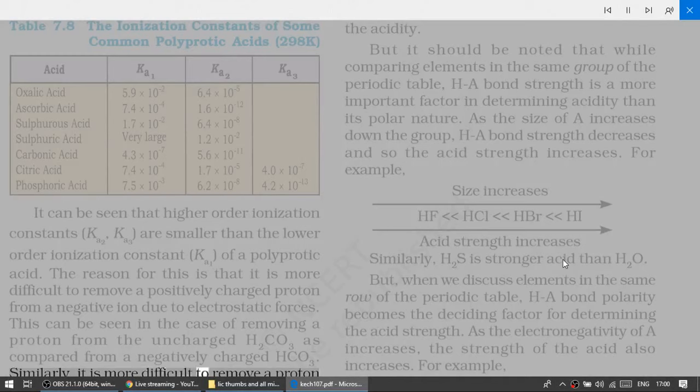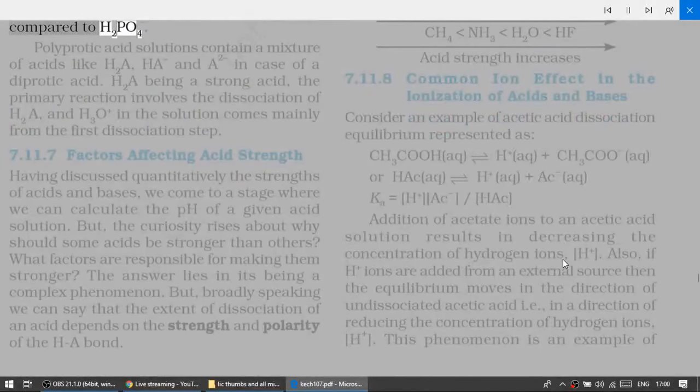Similarly, it is more difficult to remove a proton from a doubly charged HPO4²⁻ anion as compared to H2PO4⁻. Polyprotic acid solutions contain a mixture of acids like H2A, HA⁻ and A²⁻ in case of a diprotic acid. H2A being a stronger acid, the primary reaction involves the dissociation of H2A, and H3O⁺ in the solution comes mainly from the first dissociation step.